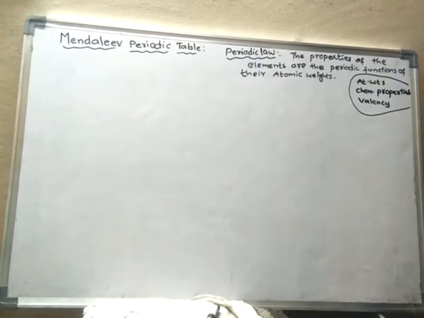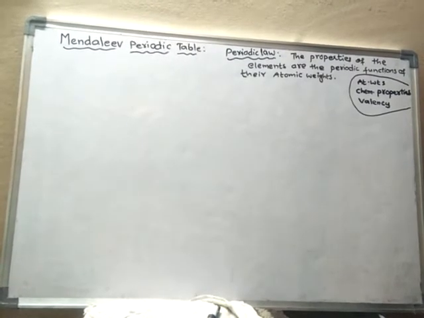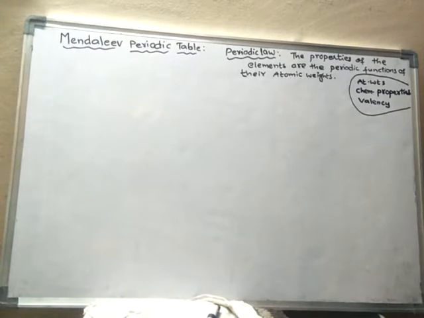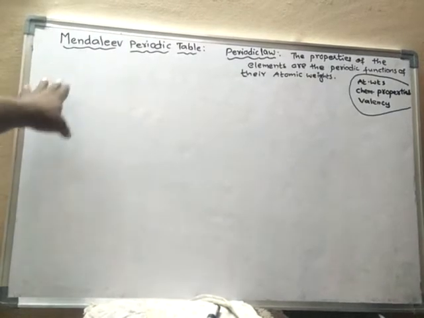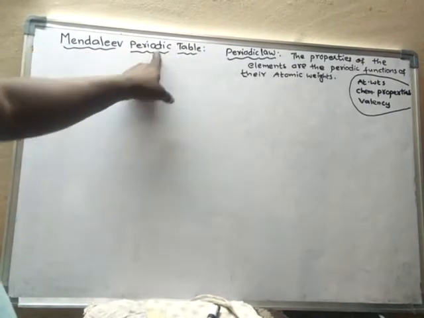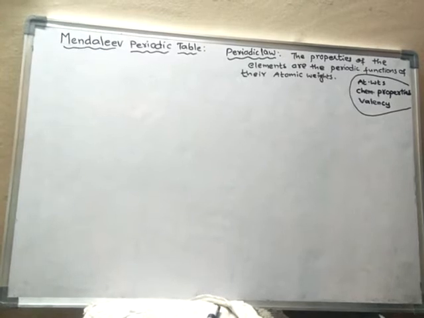That means they worked in the same period, and both of them have done similar, almost identical work. Lothar Meyer presented his classification in the form of a curve, whereas Mendeleev presented his work in the form of a table, the periodic table. So the first periodic table was given by Mendeleev.